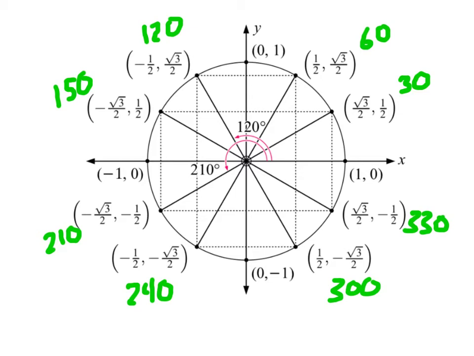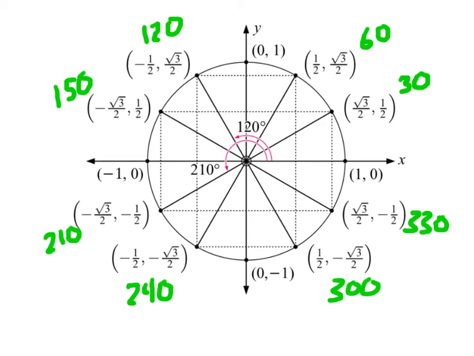And using all silly turtles crawl, we know that in the first quadrant, they're all positive. In the second quadrant, the x-coordinates are negative and the y-coordinates are positive. In the third quadrant, all coordinates are negative. And in the fourth quadrant, the x-coordinates are positive and the y-coordinates are negative.